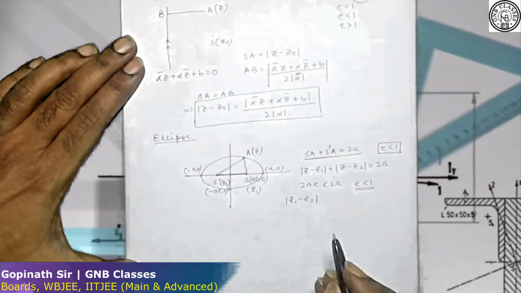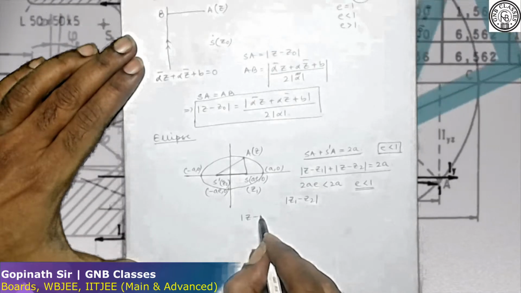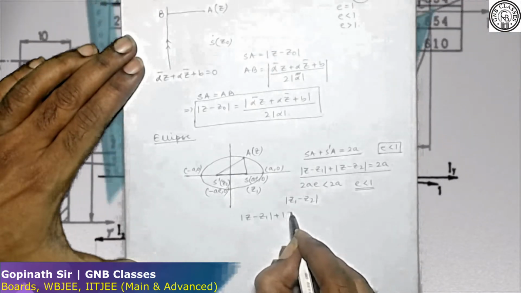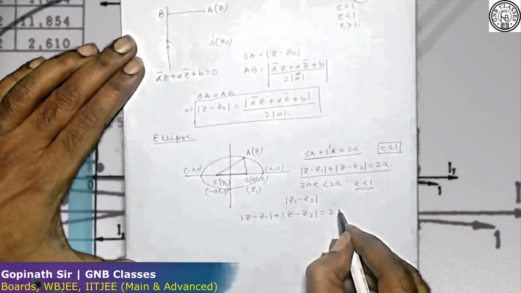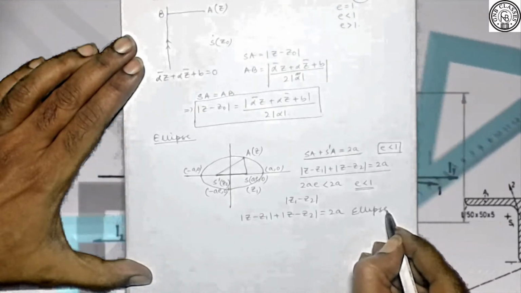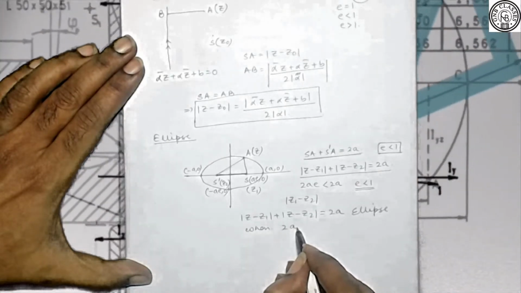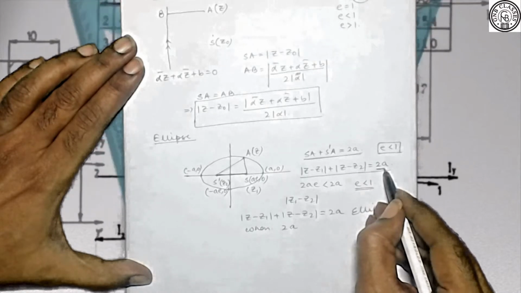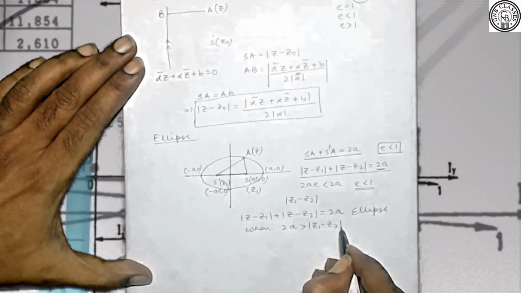Correct? So, from this we will say that mod of z minus z1 plus mod of z minus z2 equals 2A. This represents an ellipse when 2A is greater than mod of z1 minus z2.